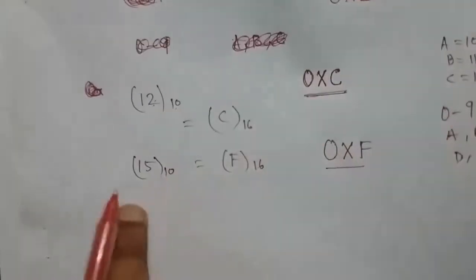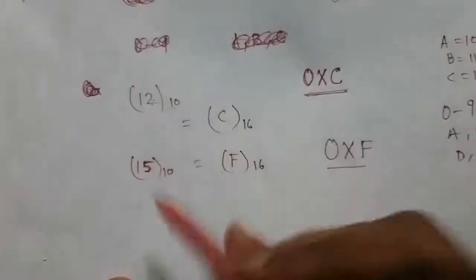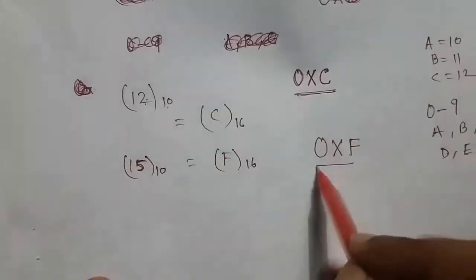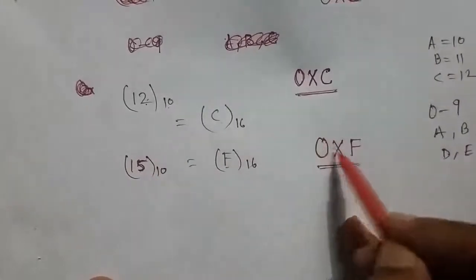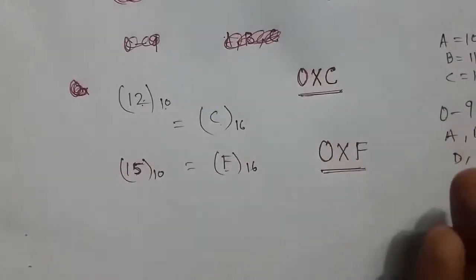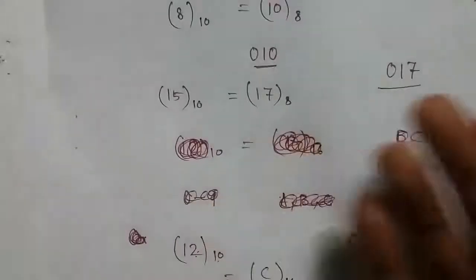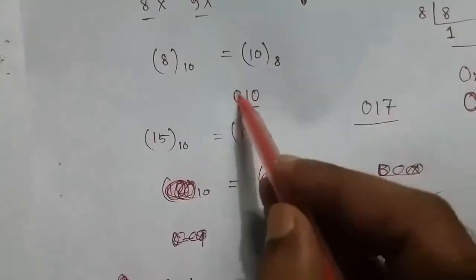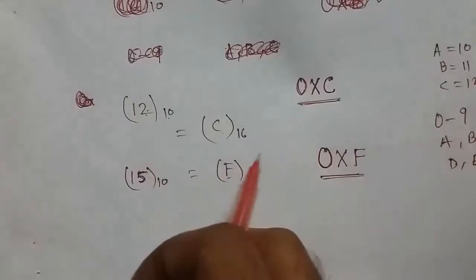Is that clear? Similarly, 15. How will we represent the decimal number 15 in hexadecimal in Java? 0xf, because 15 means f. So before every hexadecimal number we need to write 0x, as before every octal number we need to write 0. Is that clear?